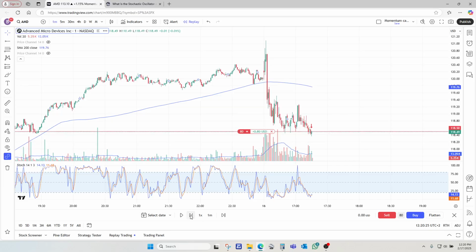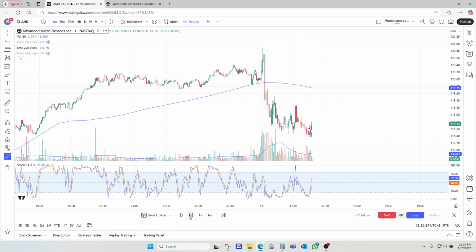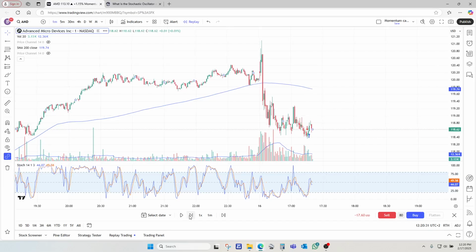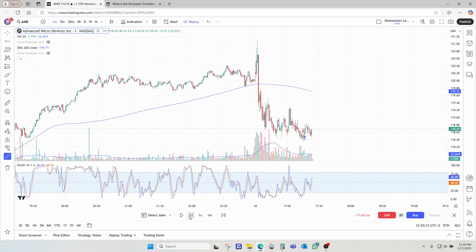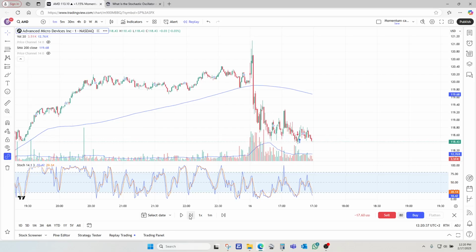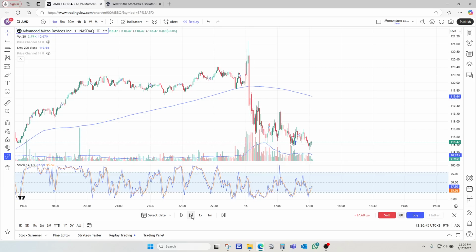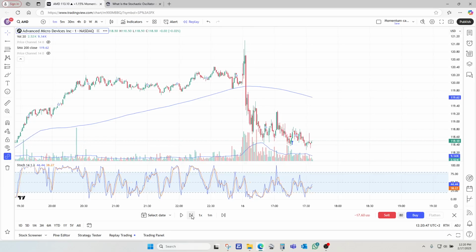Okay, let's go again. Now it went up again, we buy. Let's go slowly. It's going sideways, and now it's going. It did not close under my stop loss. Let's give it a little bit, but now it might.